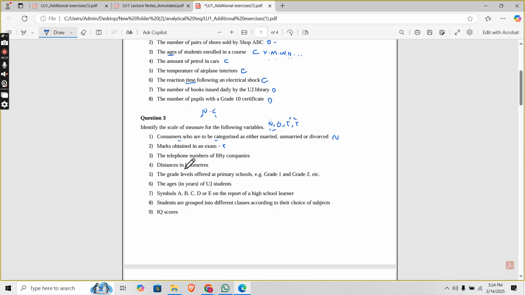The third one says the telephone numbers of 50 companies. We use the nominal scale to measure them.